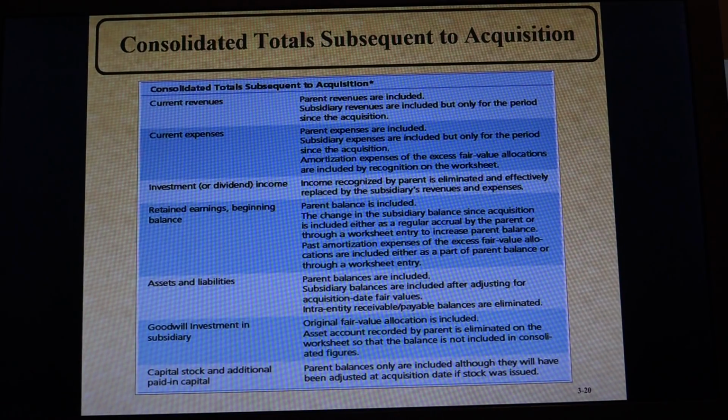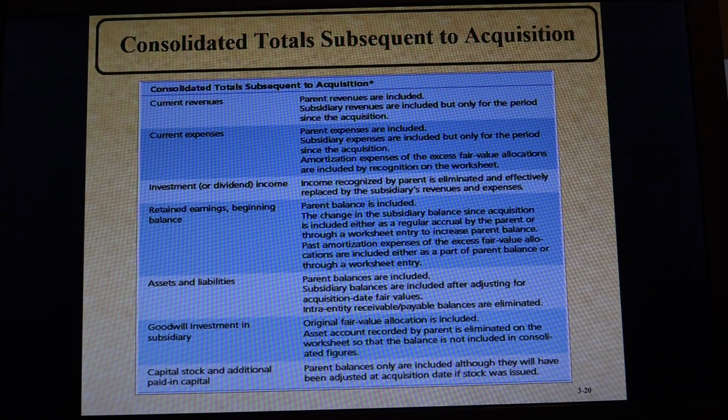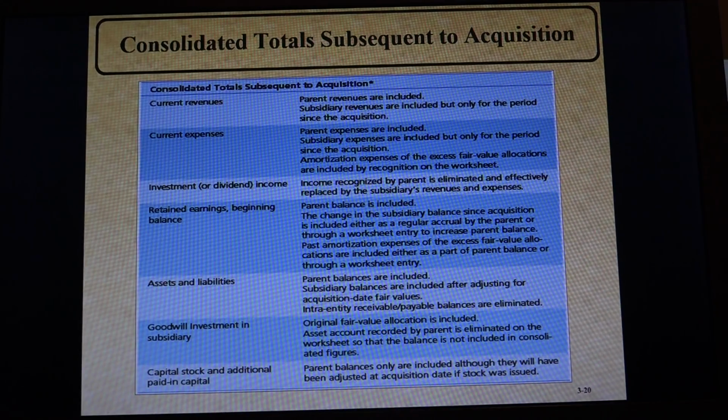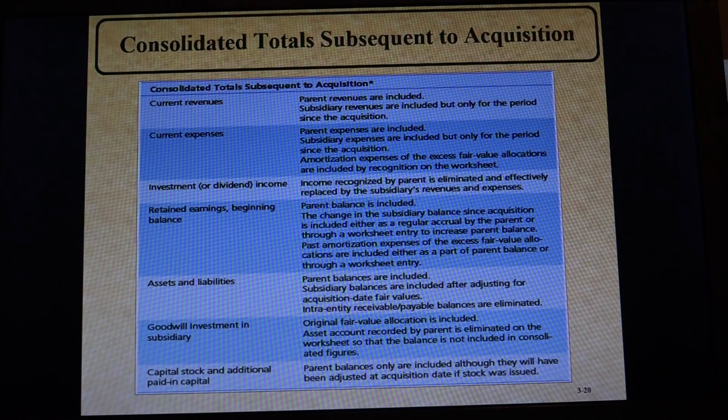Let's see, D, that's your dividend. You're simply going to debit your investment in Sun Company account and credit dividends declared. E, that's where you have to go in and make your entry again.